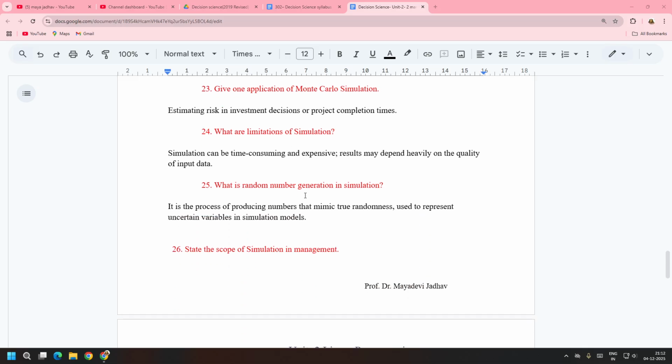What is random number generation in simulation? It is the process of producing numbers that mimic true randomness, used to represent uncertain variables in simulation models. State the scope of simulation in management.